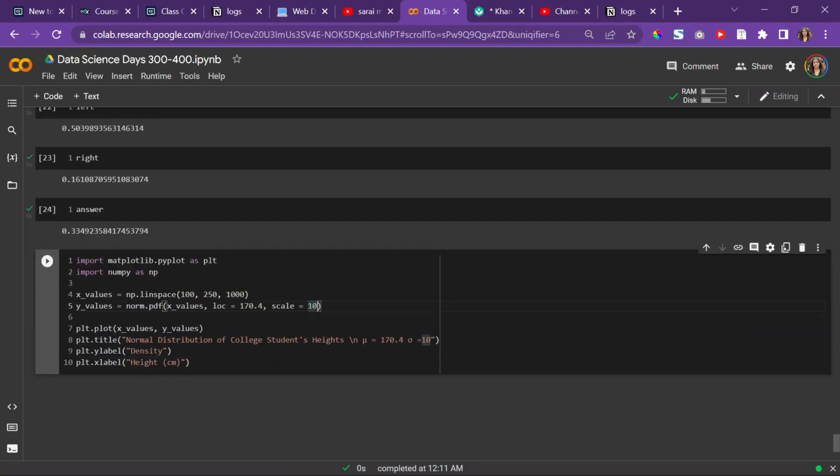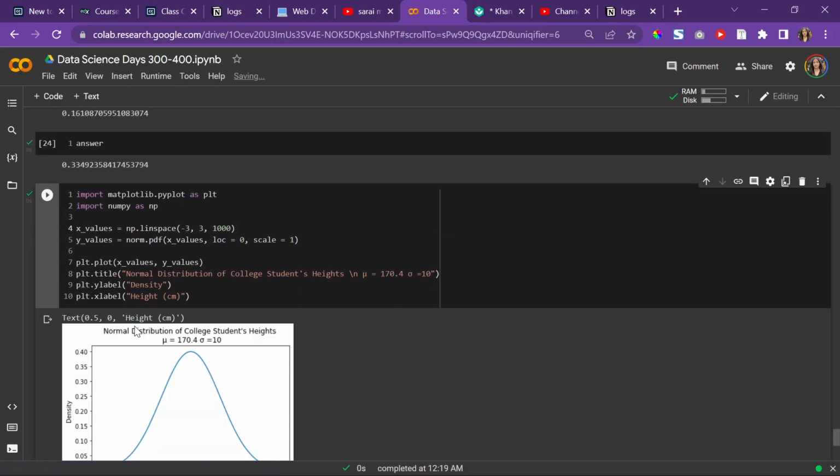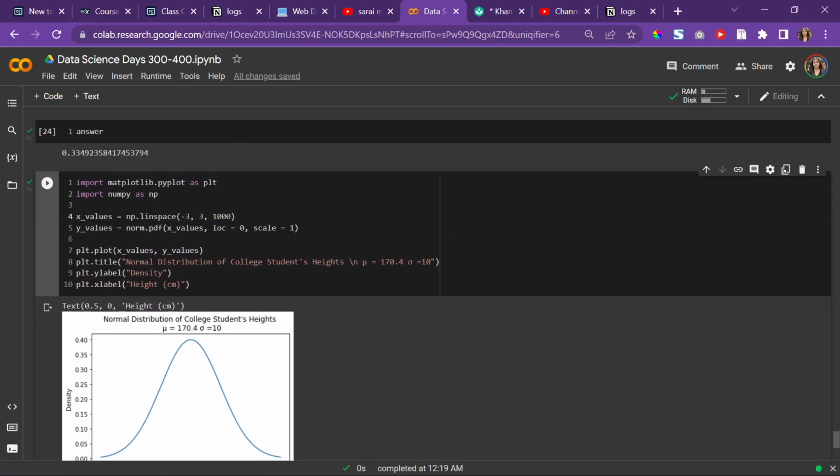So this would have just been 1, and this would have been 0. And then I would have to adjust the domain of the x, like -3. All right, and then that would have been the standard normal distribution.